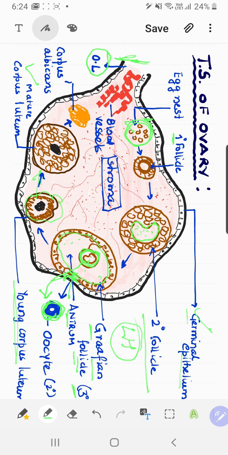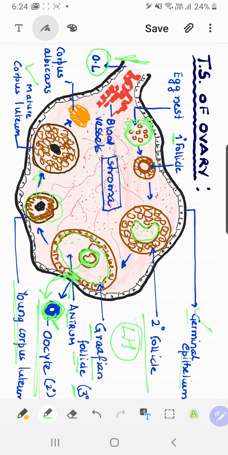What you have to understand is that at the time of ovulation, only meiosis 1 has occurred and the stage is withheld. Meiosis 2 would be completed when a sperm fuses with this oocyte. At that time, meiosis 2 quickly completes to make it a mature ovum. Right, children? So understand that the ovum at the time of ovulation is in the stage of secondary oocyte.